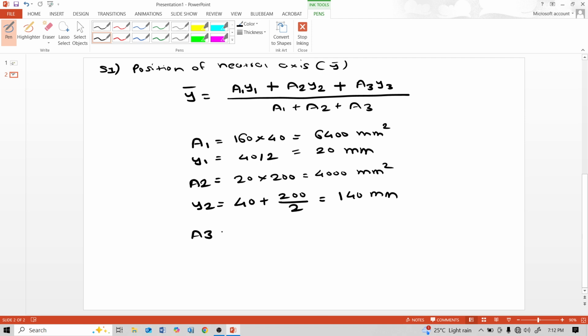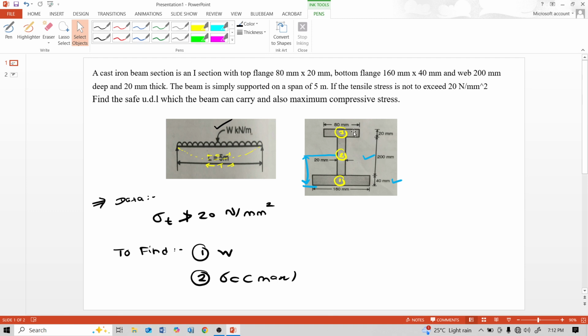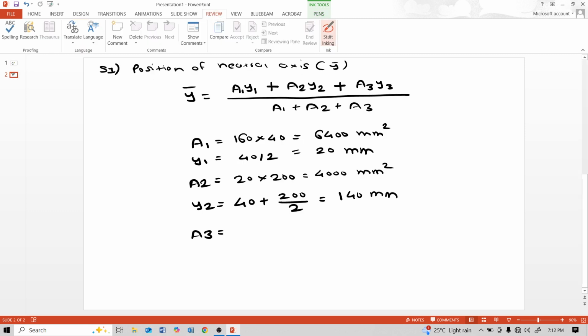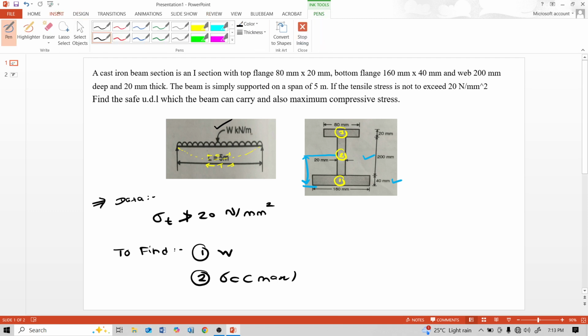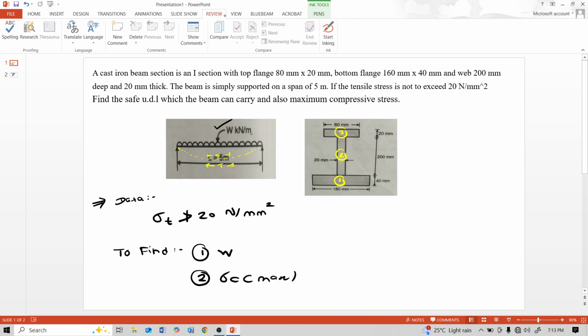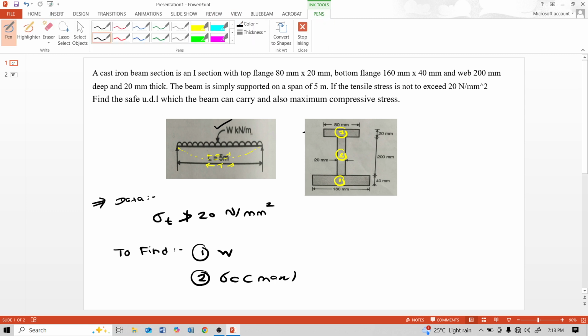Now next A3. A3 is the top flange area. The top flange width is 80 mm and the thickness is 20 mm. 80 multiplied by 20, 1600 mm square is the area of the top flange. And Y3 is this distance, the mid of this top flange from the bottommost fiber.